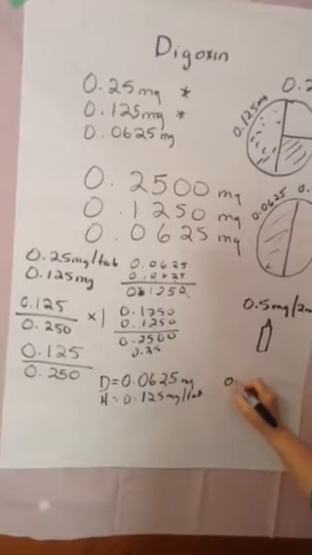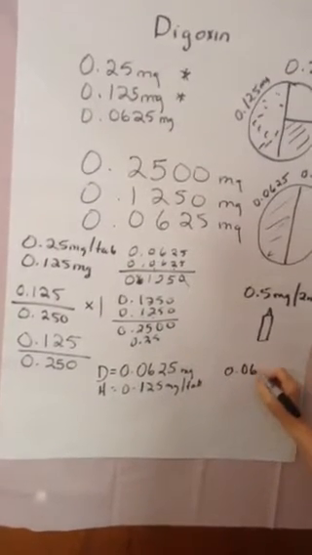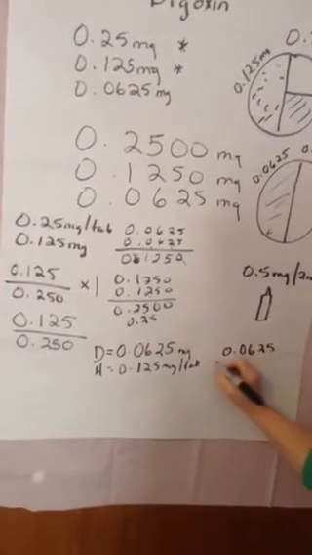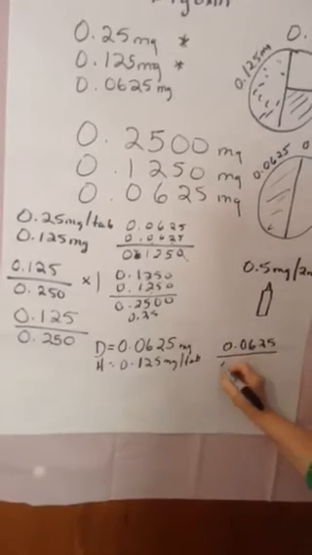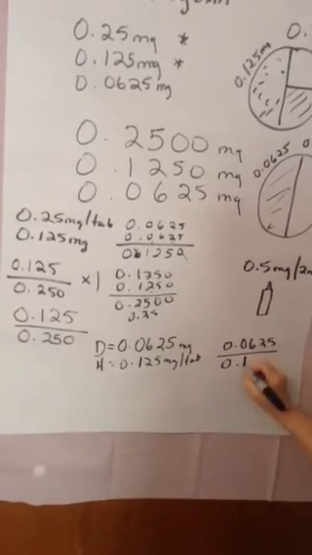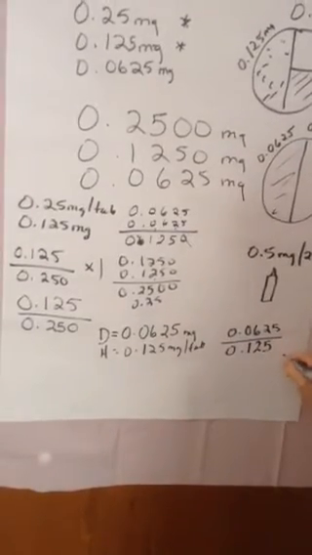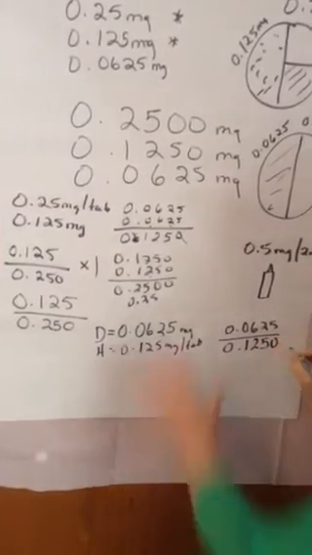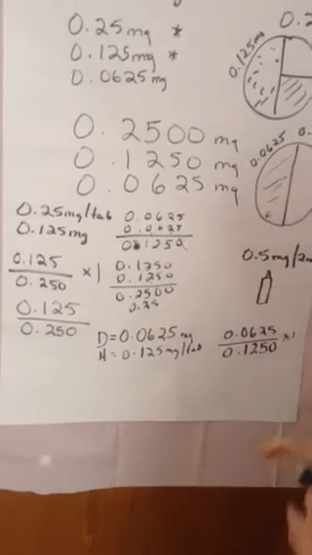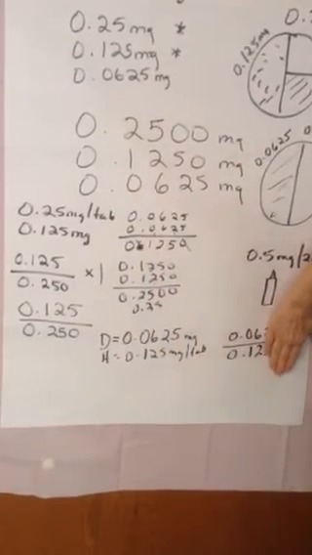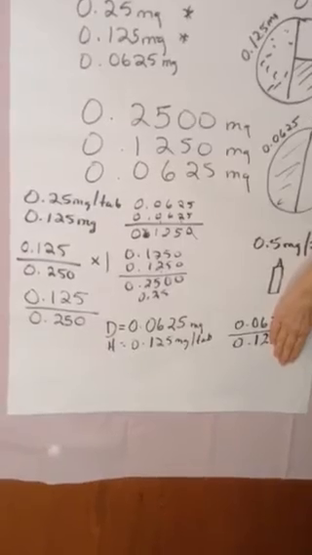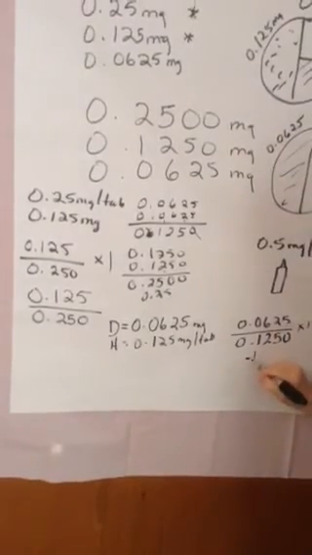Desired, 0.0625. Divided by what's on hand, 0.125. And this is the only time I'm going to add my trailing 0 when I'm working with digoxin times 1. Okay, can you see? 6 over 12 is 1/2. So we're going to give 1/2 a tab.